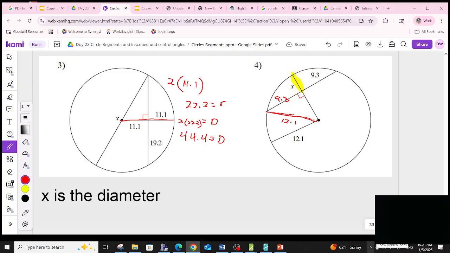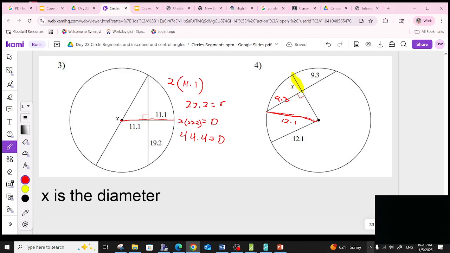For this one, I'm drawing another radius. Are all radii equal? Spokes on a bike, right? All radii are equal. I'm going to ask that again and everybody say yes. Are all radii of a circle equal? Yes. Okay.